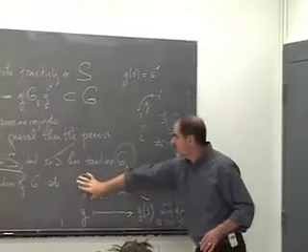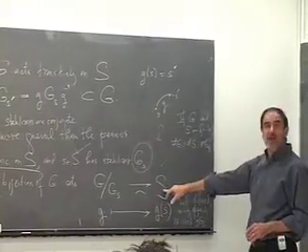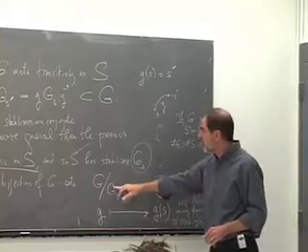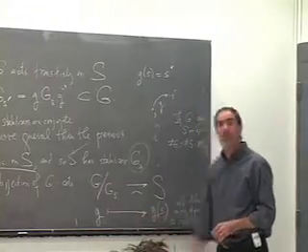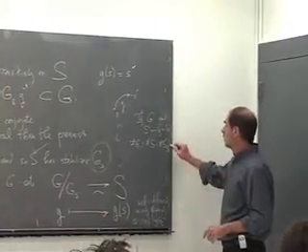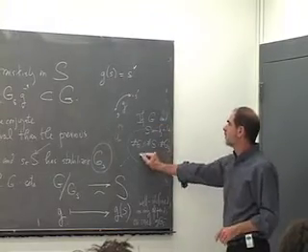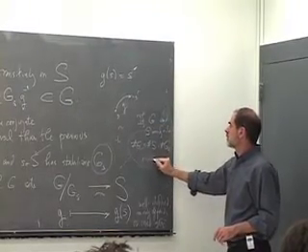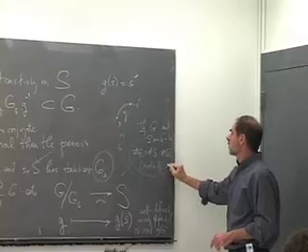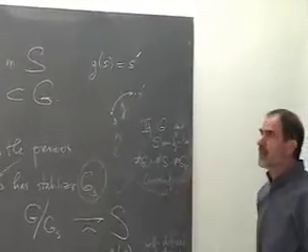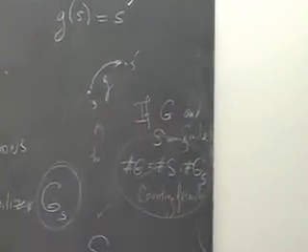Because the number of elements in this set is the same as the elements in S, and we've already proved that for any subgroup, its order times its index is the order of G. So we get a little counting formula. And we're going to use counting formulas like this for all kinds of interesting G actions.